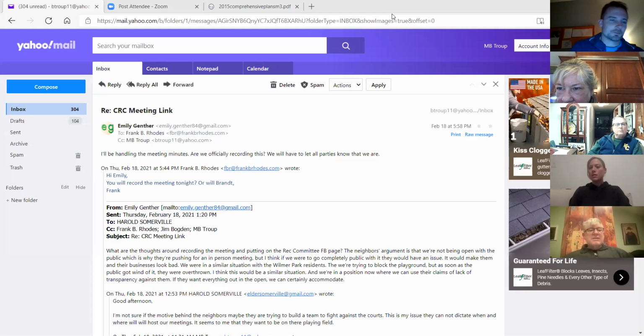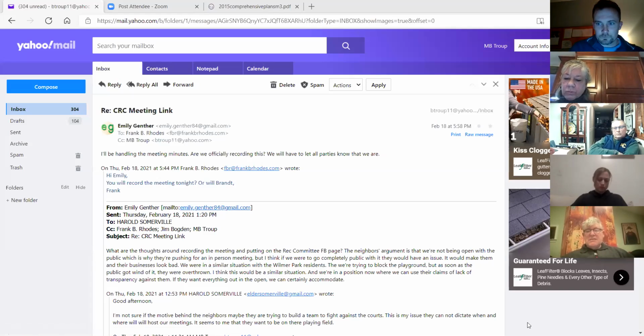So there must be a different button you need to push. I think if you go to the top, it has a button for share screen. I'm sorry, it's at the bottom. Right now it says host is disabled participant share screen.